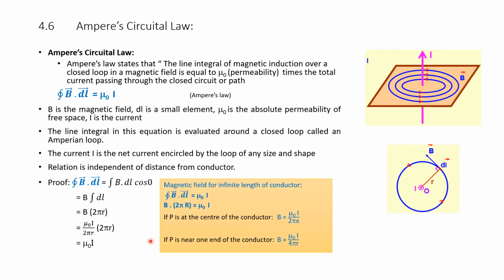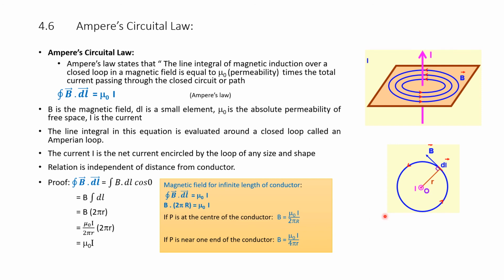Some typical cases: magnetic field for an infinite length of conductor. As we have proved previously, the integral of B·dl is equal to μ₀I, or B times 2πr is equal to μ₀I. Therefore, B is given by μ₀I/2πr.